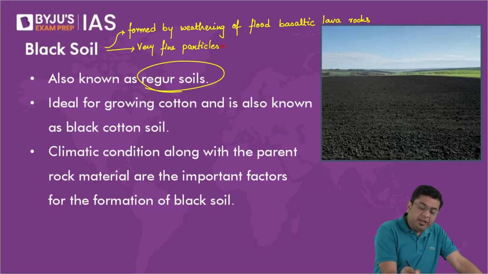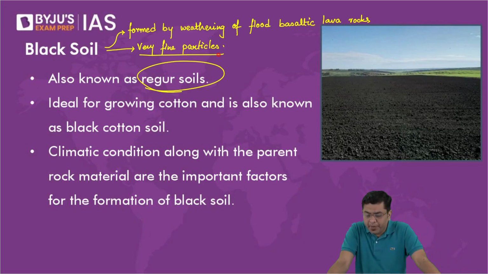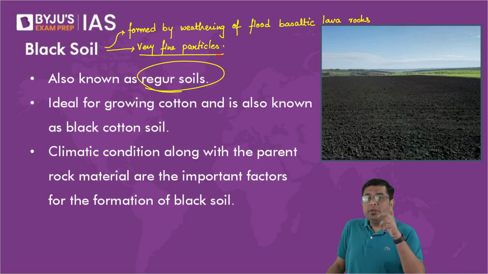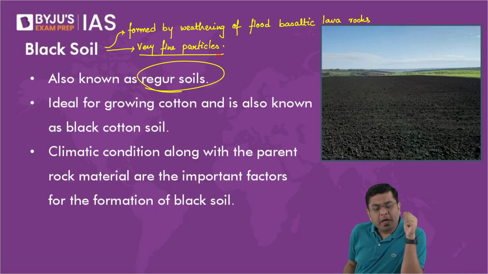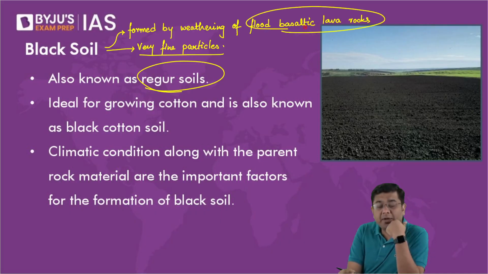Now, will this soil have the presence of organic matter? Yes or no? Will this soil have the presence of organic matter? Okay. This soil is going to be poor in terms of organic content, and that is based upon the property of its formation, because it is formed from the basaltic lava rocks, the disintegration of basaltic lava rocks.